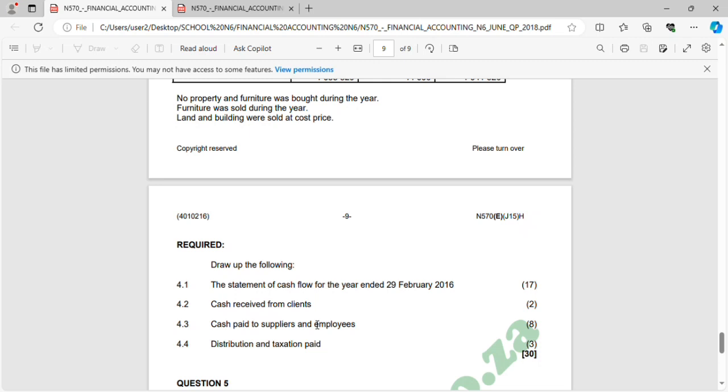I did not complete the cash flow statement. Here I will make sure that I do the notes and also complete the cash flow statement. Hope that we're on the same page.